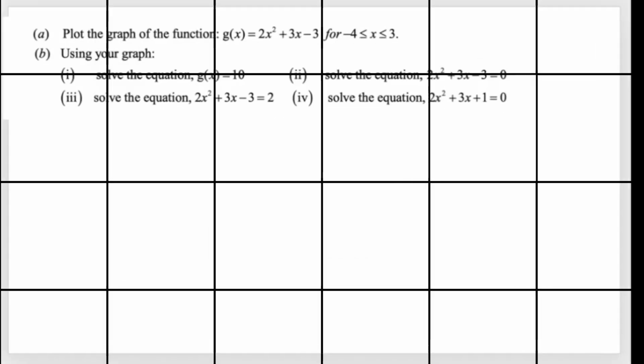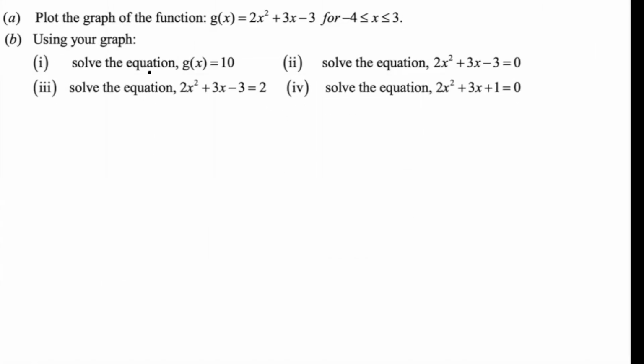Let's look at another graph. So here we have another graph, which is, we need to plot the graph of the function g(x) equal 2x squared plus 3x minus 3 for x greater than or equal to negative 4 but less than or equal to 3. So this is what we use to create a table.